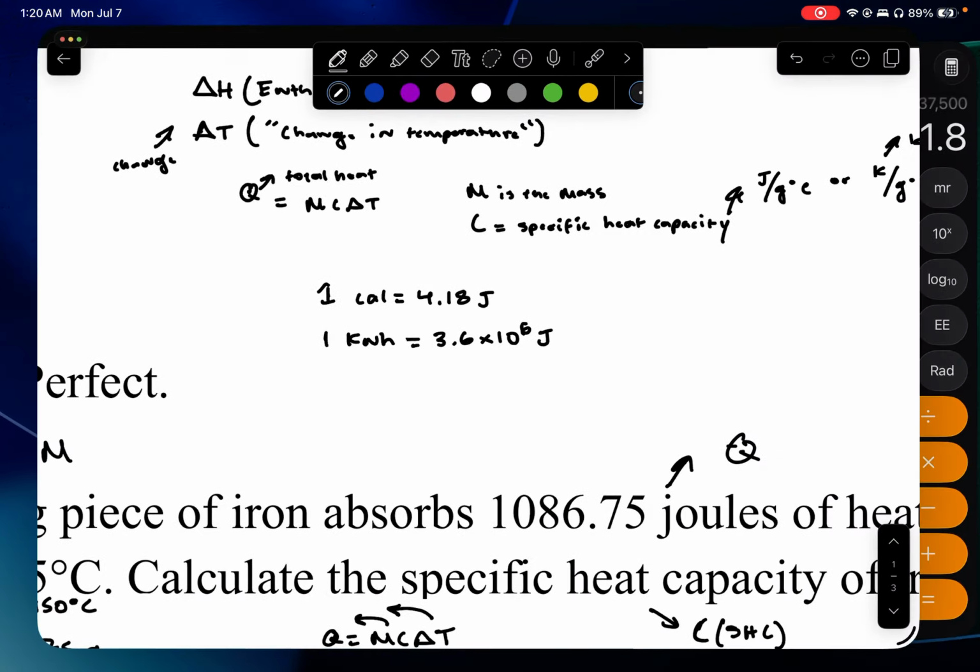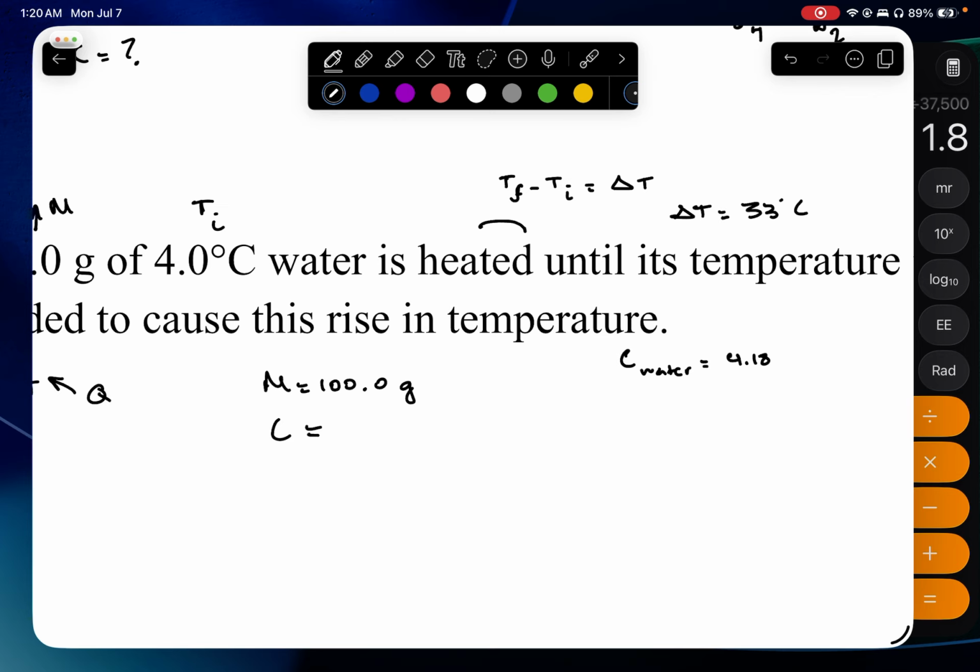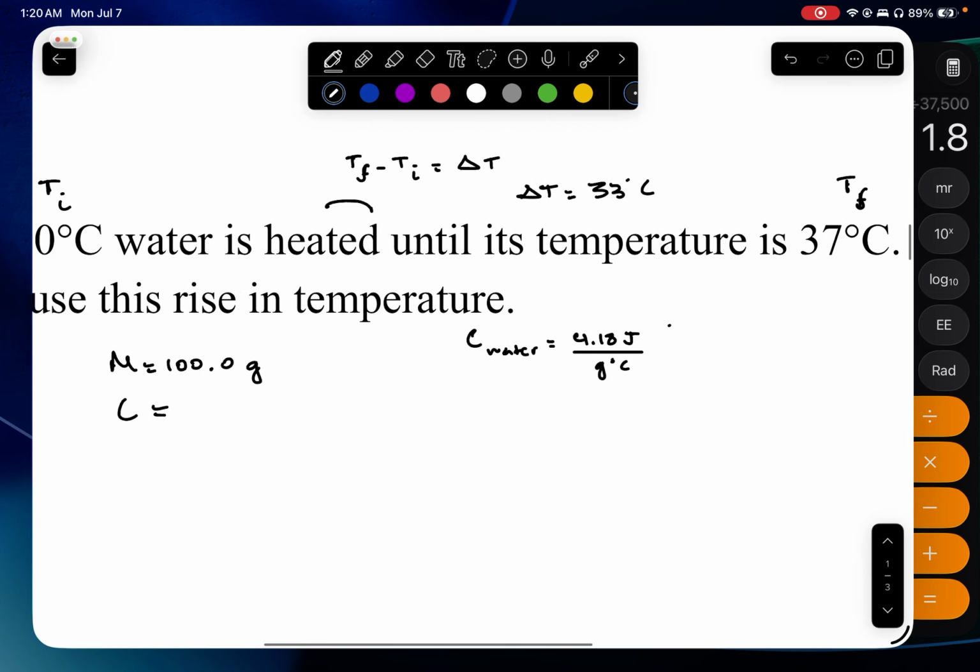So the specific heat capacity of water is also, let me just write down, C water equal to 4.18, which is the same as the conversion, joules over grams times centigrade. Okay, so now that we know that, this is always the same, by the way. Specific heat capacity is always the same in a substance.